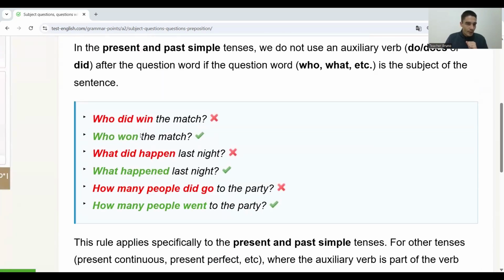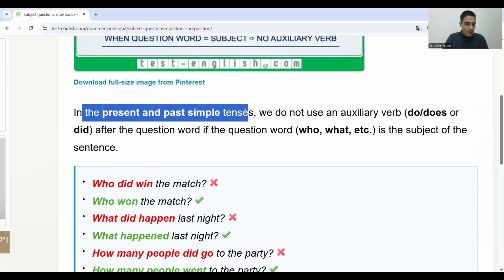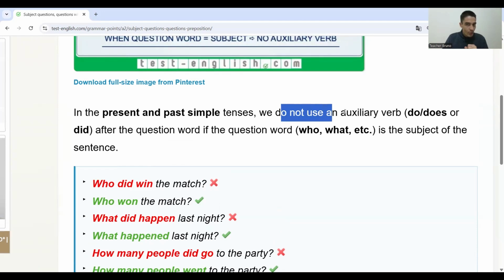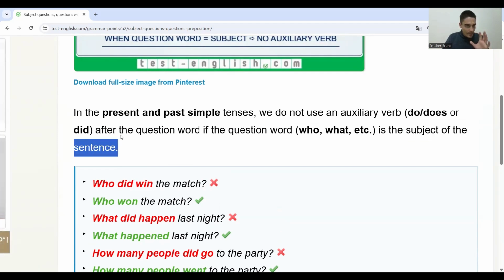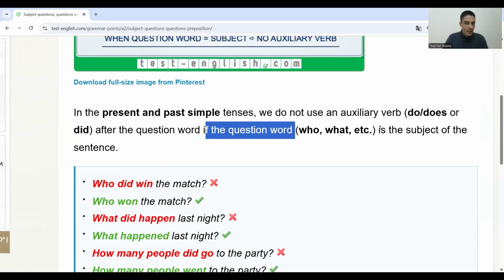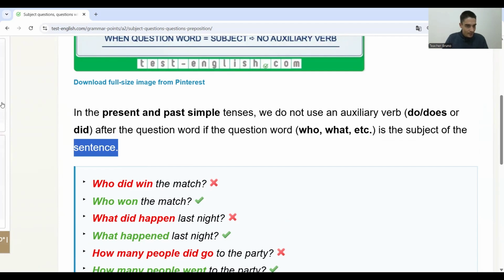A common mistake here: who did win the match? That's a very common mistake, because it should be: who won the match? In the present and past simple tenses, we do not use an auxiliary verb after the question word if the question word is the subject of the sentence.